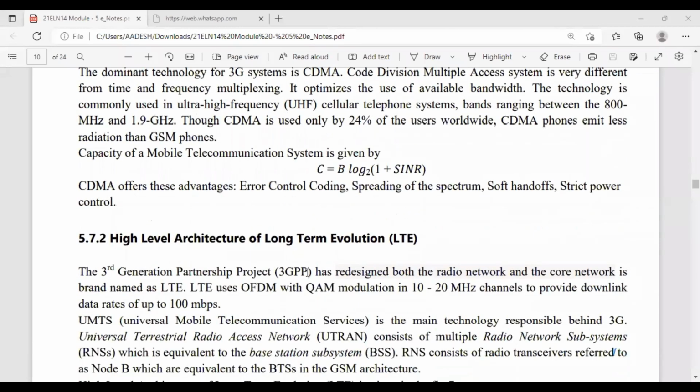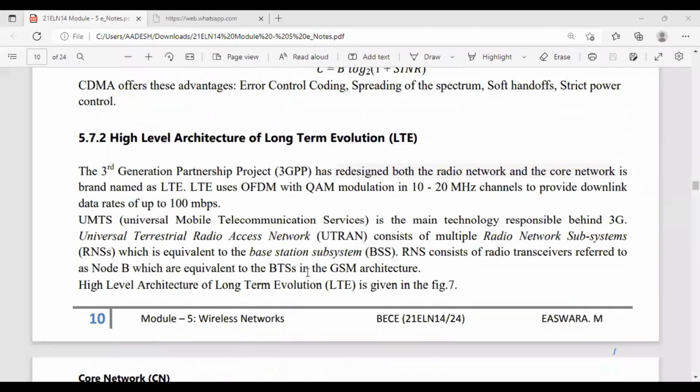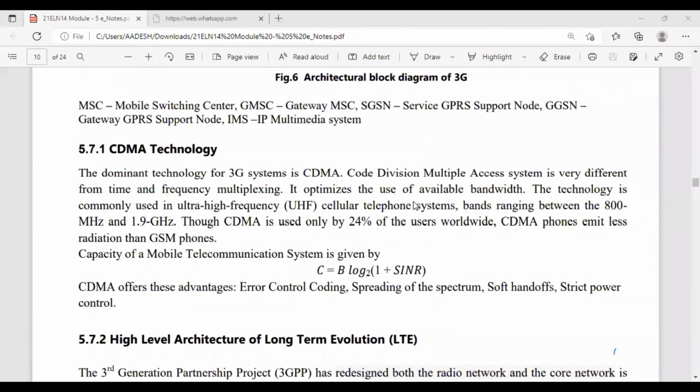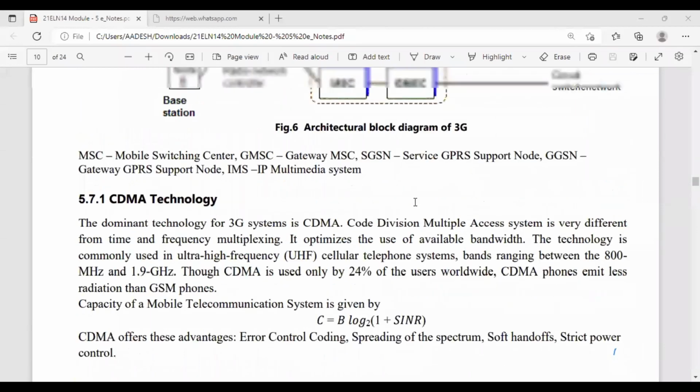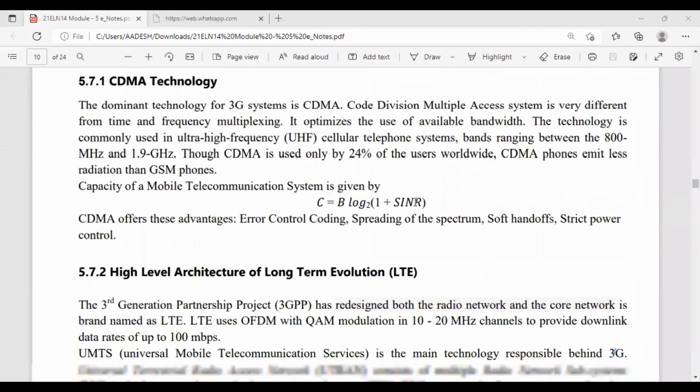Okay, and then LTE means long term evolution. This is the advanced version of 3G. We call this LTE the 4G network. Now what is the difference? In the previous case, we used QPSK as the modulation technique, and we used CDMA technology.